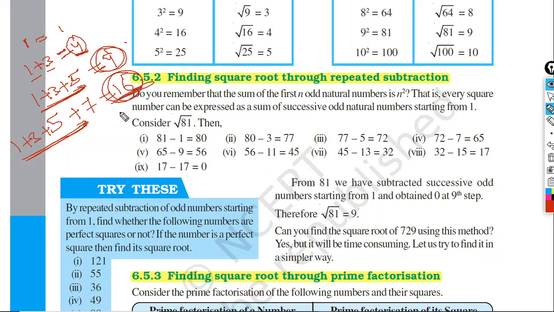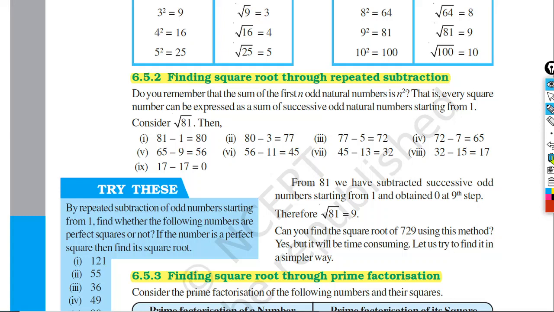Now how to find square root? If we can add consecutive odd numbers, then similarly we can subtract the consecutive odd numbers to find square root. Now let's find the square root of a number. Suppose 25 is a square number. Now 25 minus 1 equal to 24.